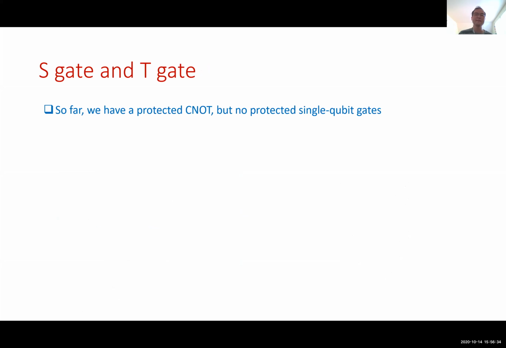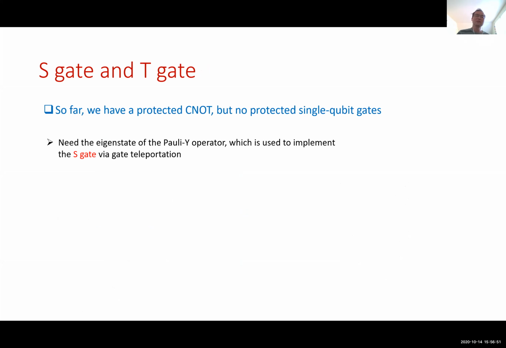Okay. So I mentioned we have the CNOT gate, but in the surface code, we don't even have a good Clifford gate other than CNOT. But we can also use the same idea of magic state distillation.